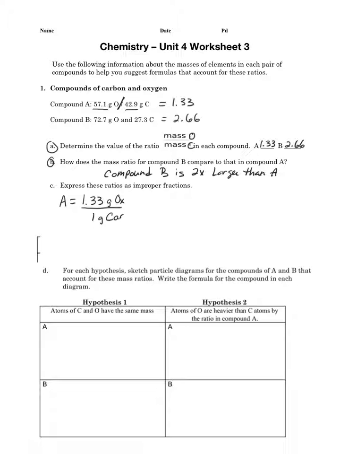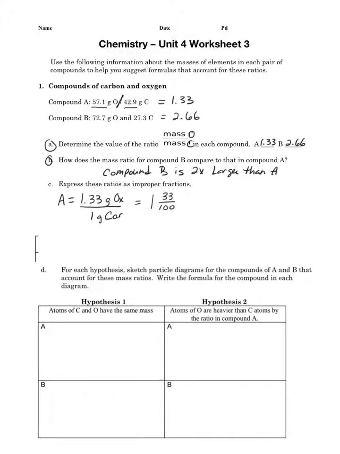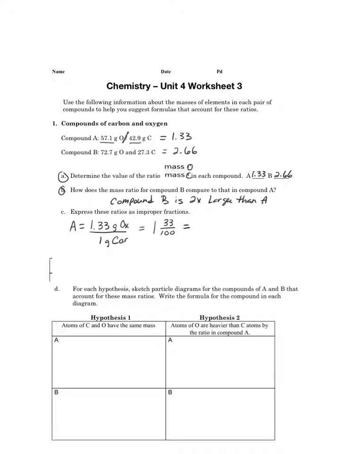Now, 1.33 is the same as 1 and 33 over 100, which is the same as 1 and 1/3. Now I'm going to turn this into an improper fraction.